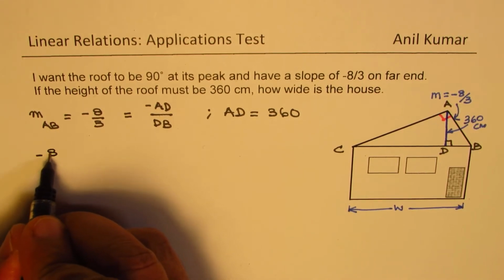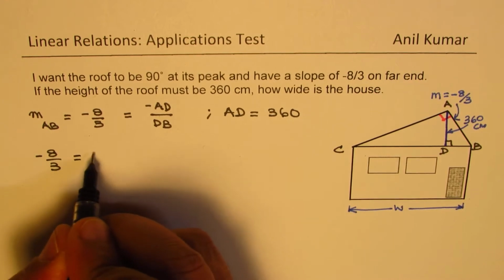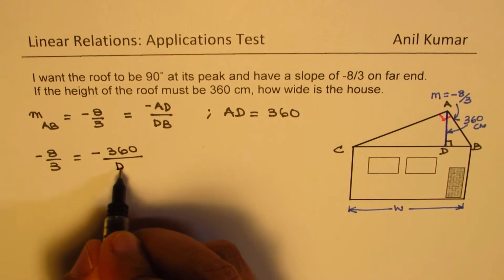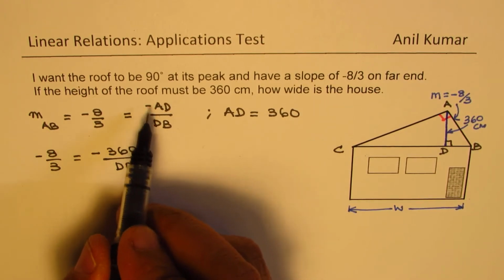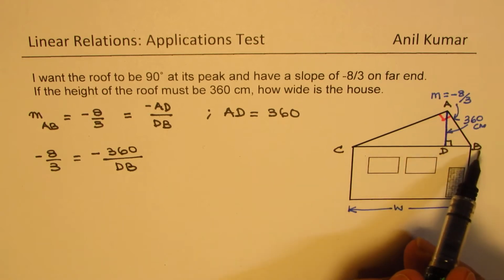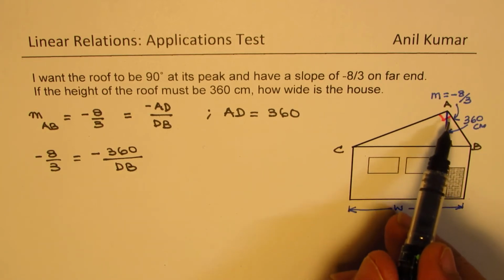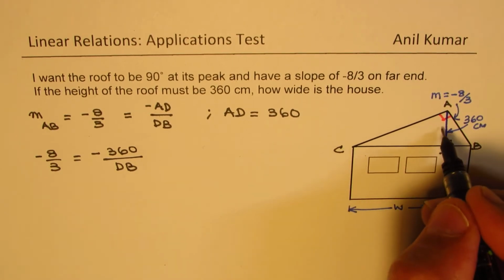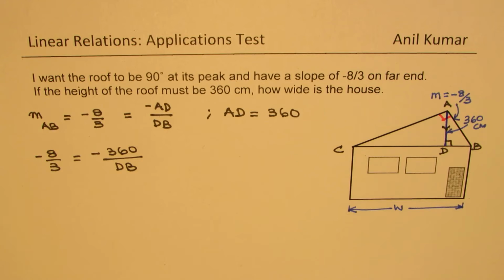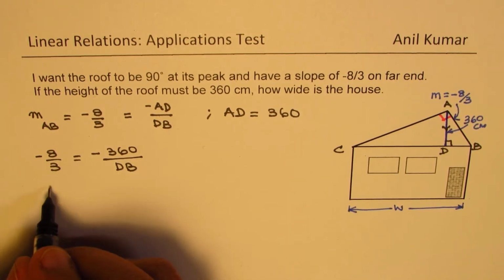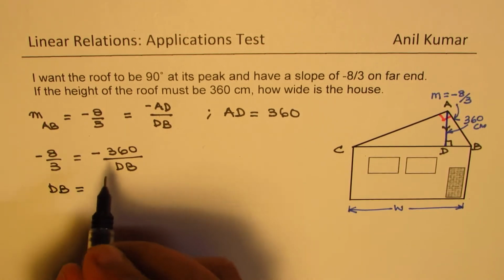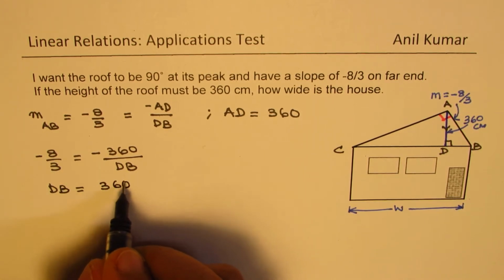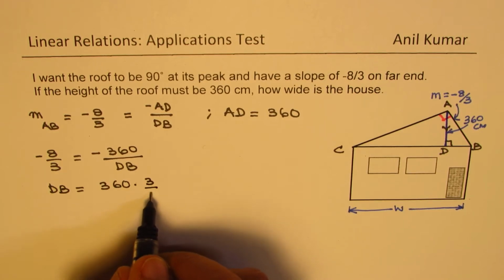So we have minus 8 over 3 equals minus 360 over DB. Why have we taken this minus? Because it is going downwards, right? So run will be DB and rise is falling, so it is in that direction, and therefore we took this value as negative. So from here we can get that DB is equal to, now both minus and minus cancel, so we get 360 times 3 over 8.